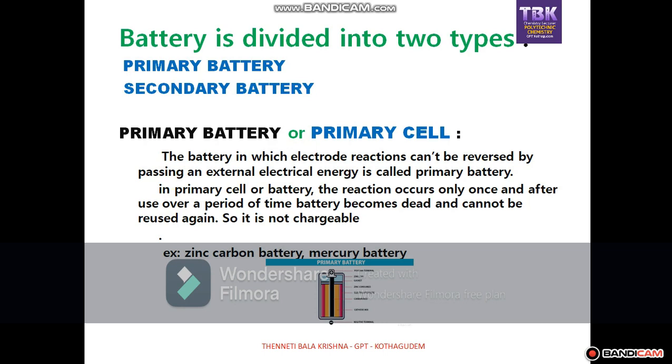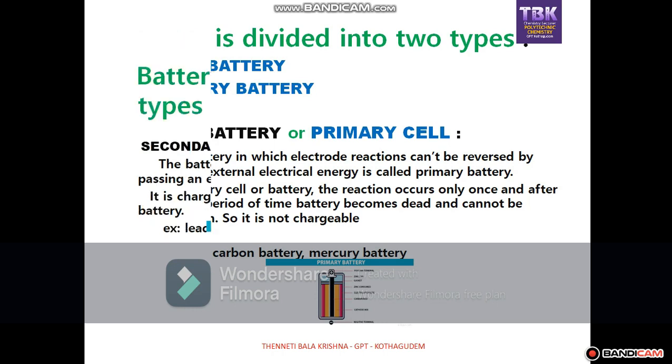Examples of this type are the zinc carbon battery, the mercury battery and the dry cell. These are examples of primary cells or primary batteries. You can simply remember it as not chargeable: a battery or cell that is not chargeable is called a primary battery or primary cell.